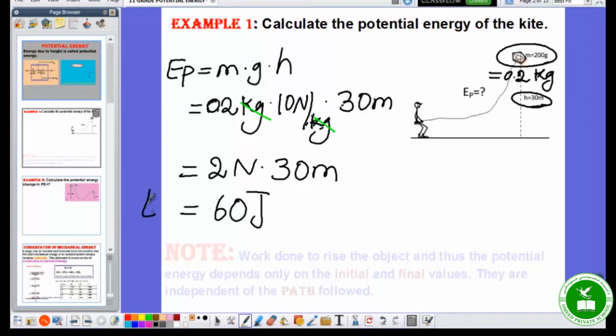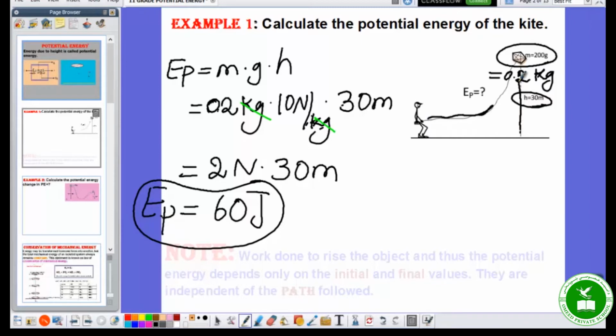So potential energy is equal to 60 joule. You see here one path is given like this and one height is given like this.